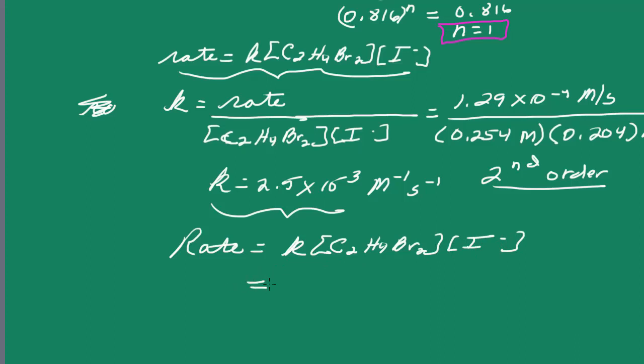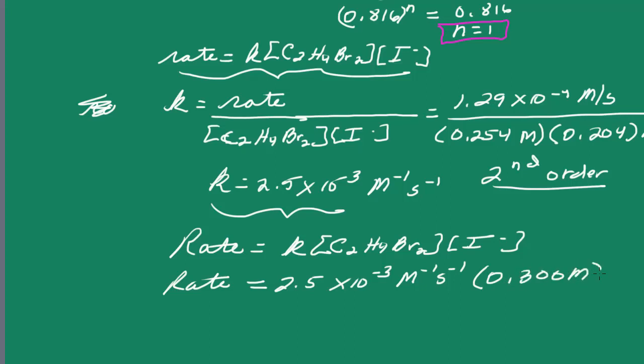So I'll go ahead and plug these in. So that's 2.5 times 10 to the negative 3. And we'll go ahead and put the concentrations in. That's 0.3 molar for both.